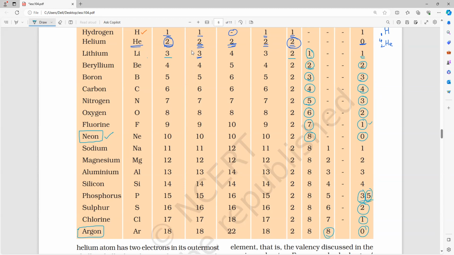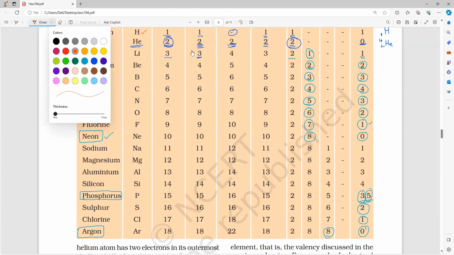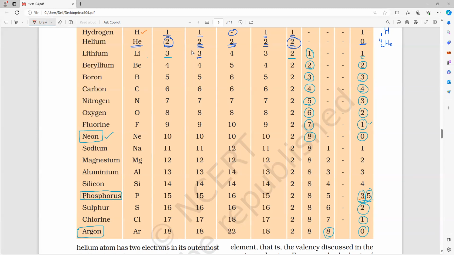What is the element? Notice it, everybody. Phosphorus. So the elements which show more than one valency, this is called variable valency.